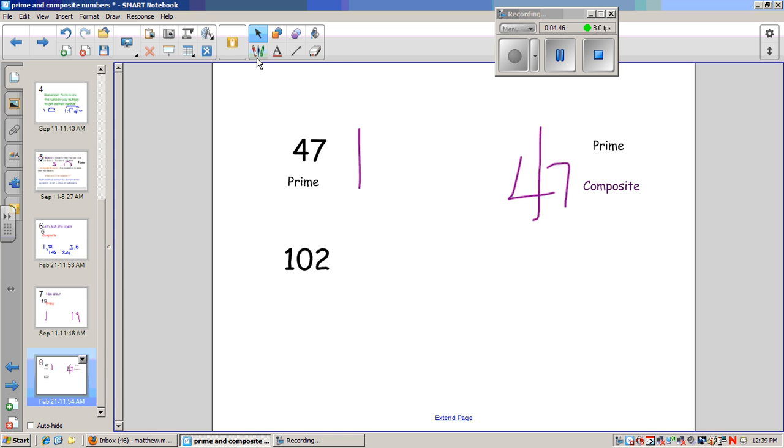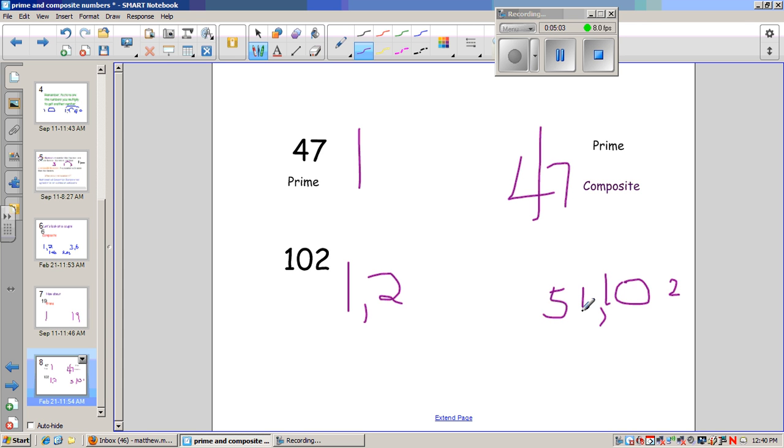Then we can look at the number 102. Let's look at the factors of 102. We know we have 1 and 102. And then I also know I can do 2 and 51. Can I do 3? I can do 3, and it's going to go 34.